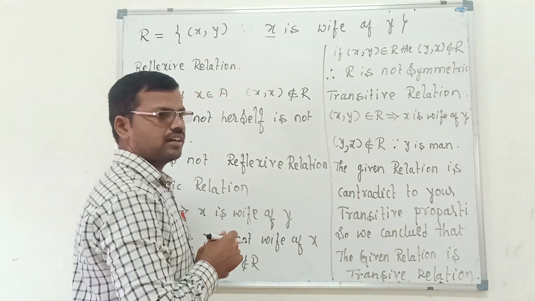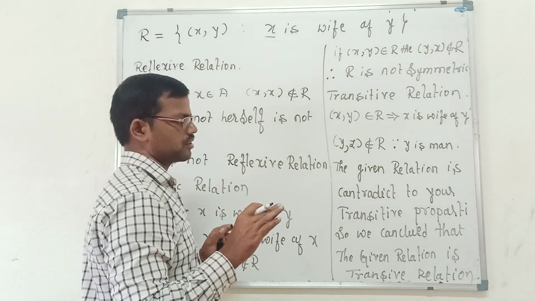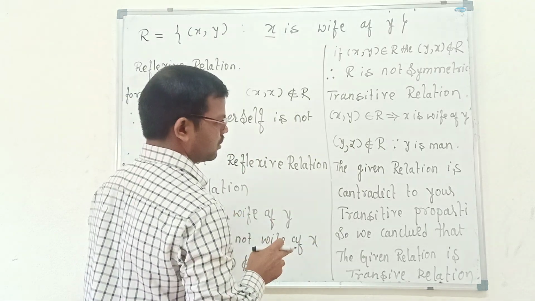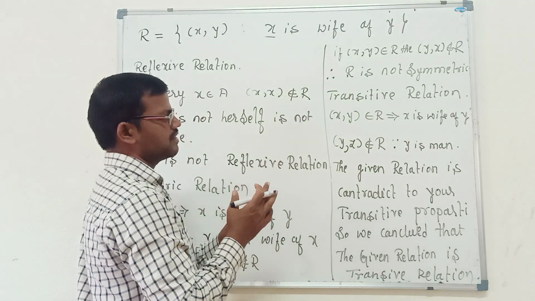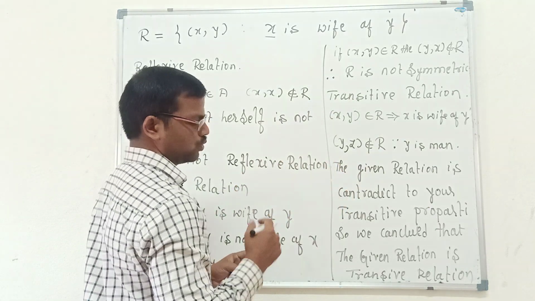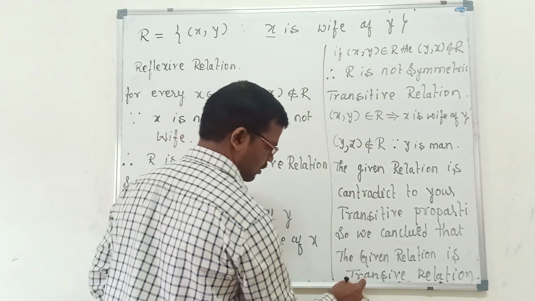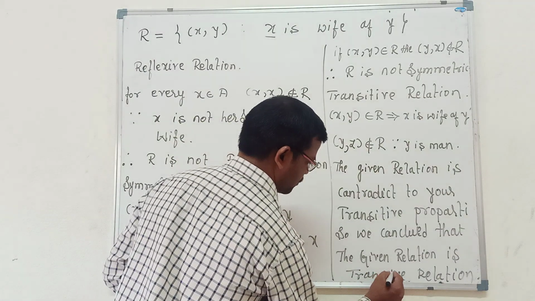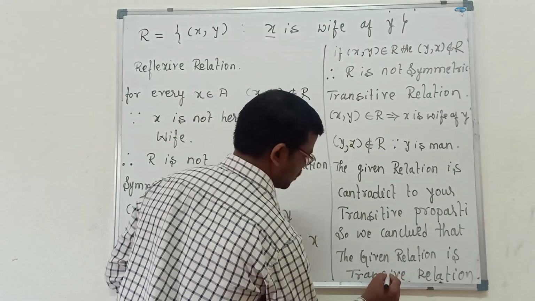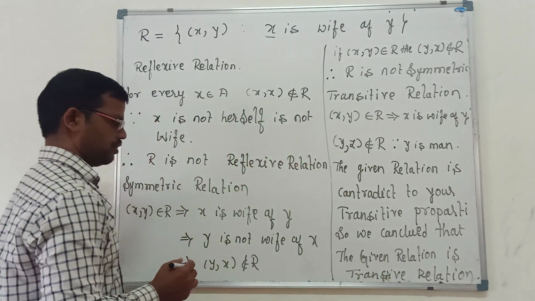If it is not there, then it is not possible to say that it is not transitive. So we have to think about the relation. Transitive means the relation is moving, so it should be transferred from one person to another. So for that we consider it as a transitive relation.